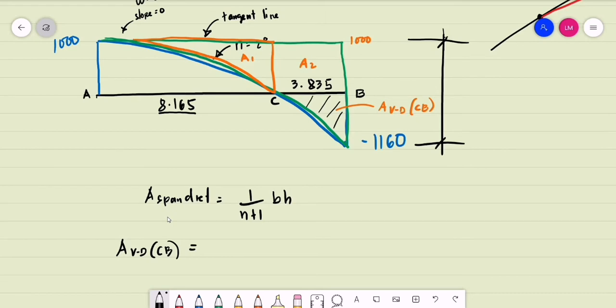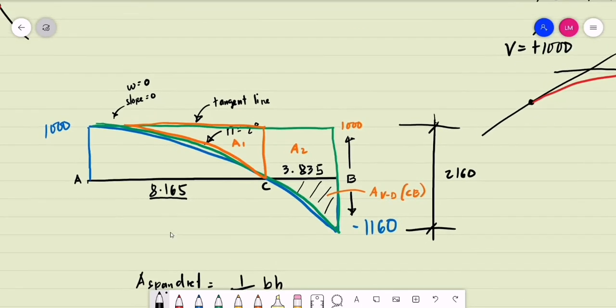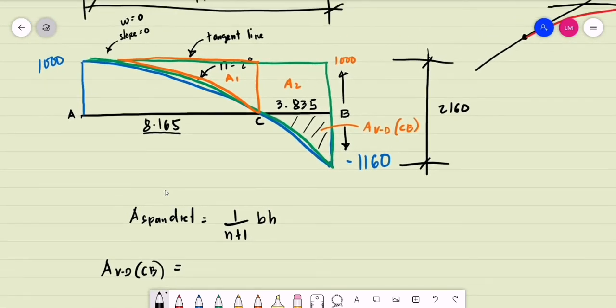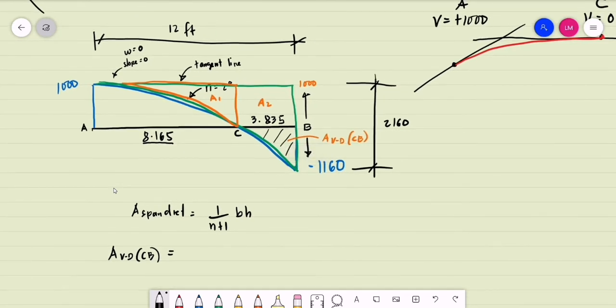If it is 1,000 upwards and we have negative 1,160 below, we add that. We take the absolute value. That is the same as 2,160. And its corresponding length is the length of the beam. The length of this bigger spandrel is the length of the beam, which is the same as 12 feet. How do we compute for the area of the shear diagram for the segment CB? That is the area of this spandrel, or our bigger spandrel, that is 1.